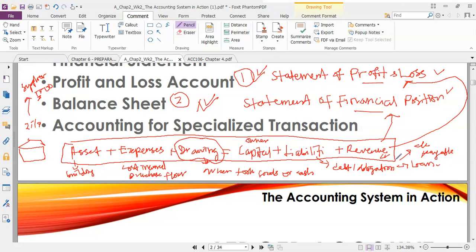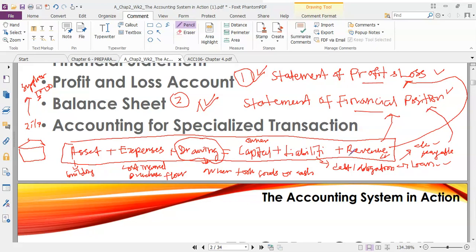Kalau kita berhutang dengan supplier ataupun dengan orang luar selain daripada financial institution, we call it as account payable. So you must remember these two classifications of liability element, that is account payable and loan. You must transfer it to the statement of financial position.